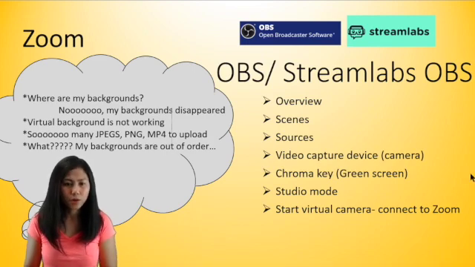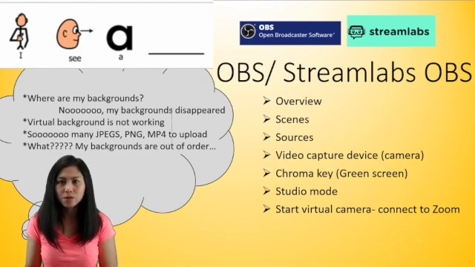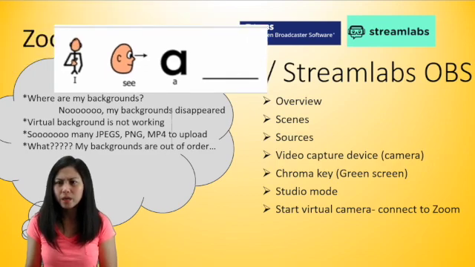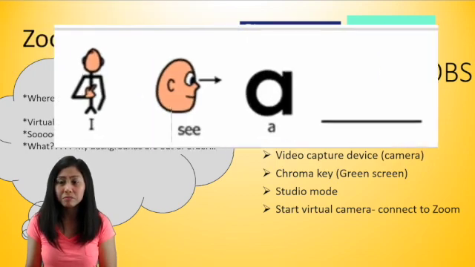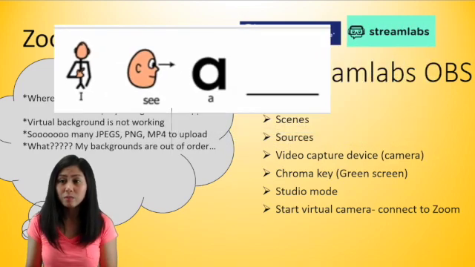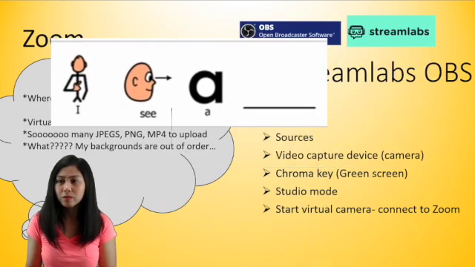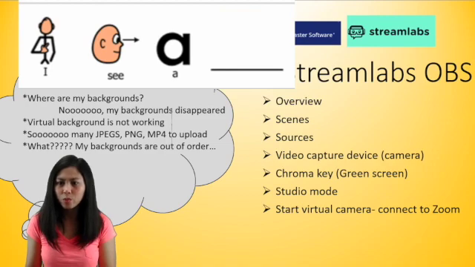Alright, so I want to show you an overview of OBS. I will be adding a visual support that I always use. So this one is my ICA visual support. And here I can move it around my background, and then I can make it bigger or smaller. Let me move that up so that I can show you another one.